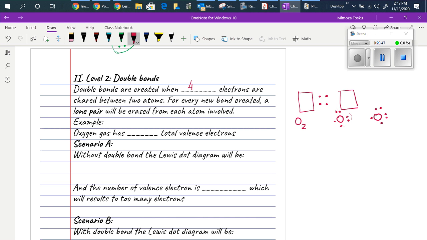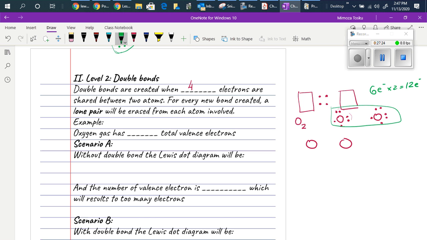and the number of bonding electrons is 4. In this case, they have the same bonding capacity, which means that we cannot decide which one is the central atom. However, we will have those 2 atoms of oxygen, and the total number of electrons is 6 times 2, which equals 12 electrons.